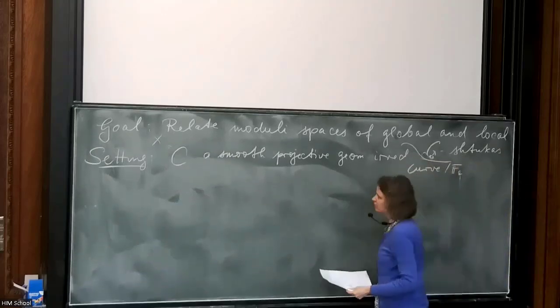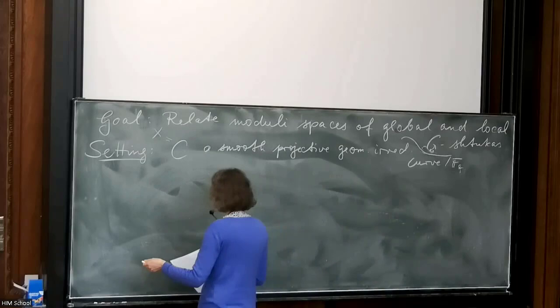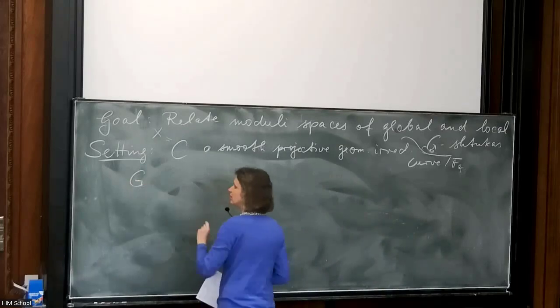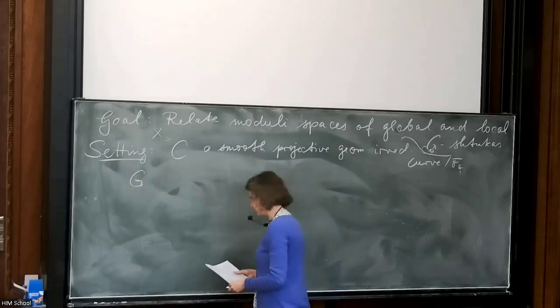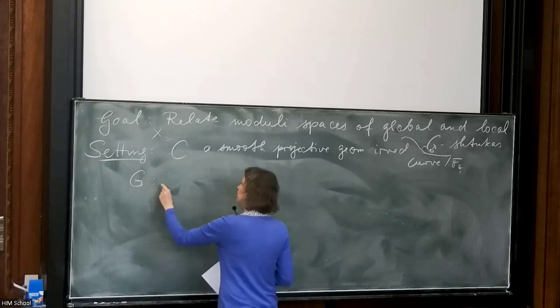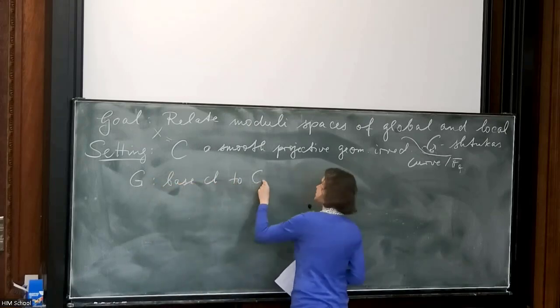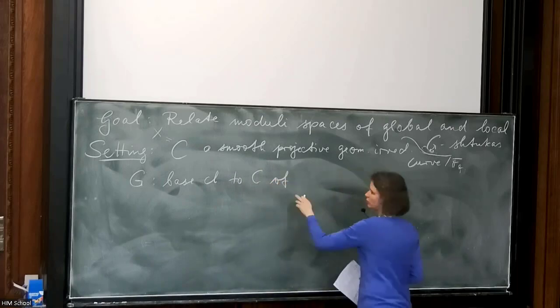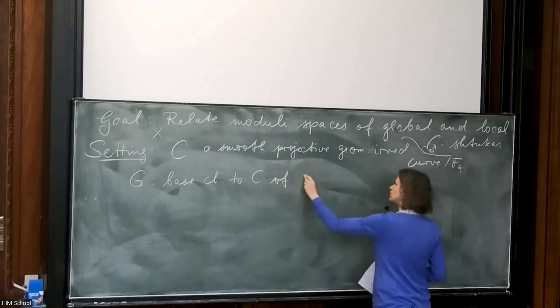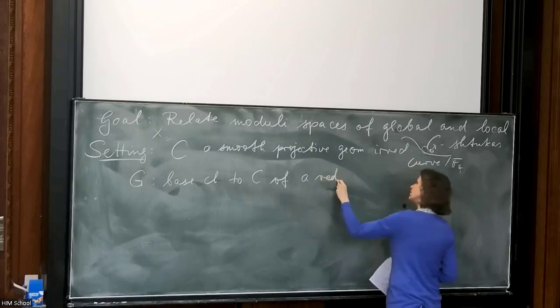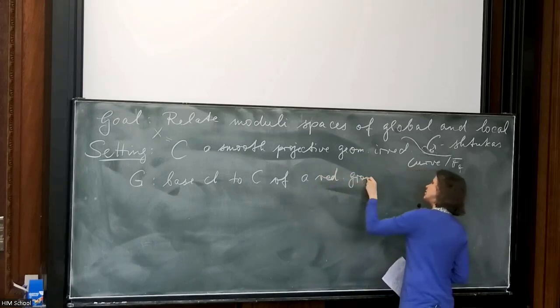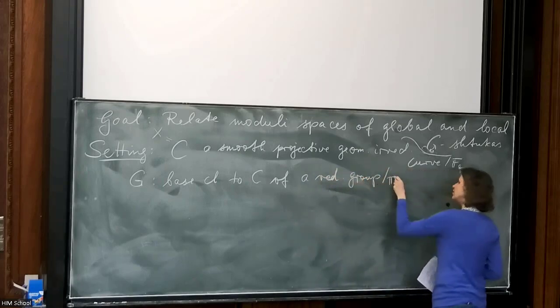And then we considered a reductive group. For simplicity, we just consider the base change to C of a reductive group over F_q.